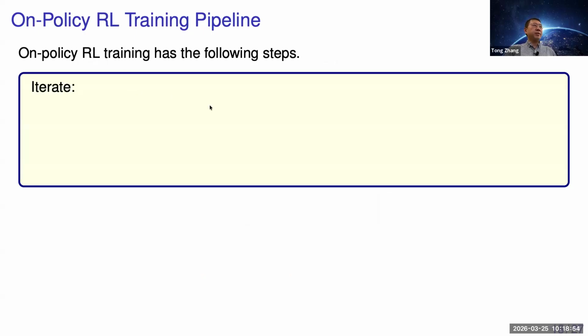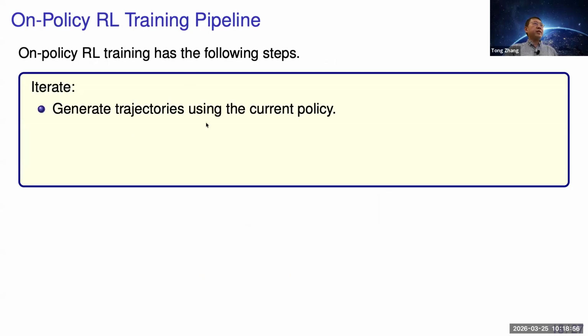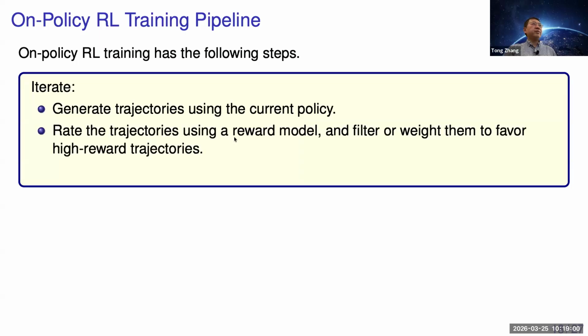This is on-policy training. You first generate trajectories using the current policy, then rate the trajectories using the reward model. Again, this is more to do with RLHF. Other RL is similar, but there are some variations. Then filter or weight. When we say filter, we will talk about it next for RAFT, and then you can compare with iterative DPO and see the difference.